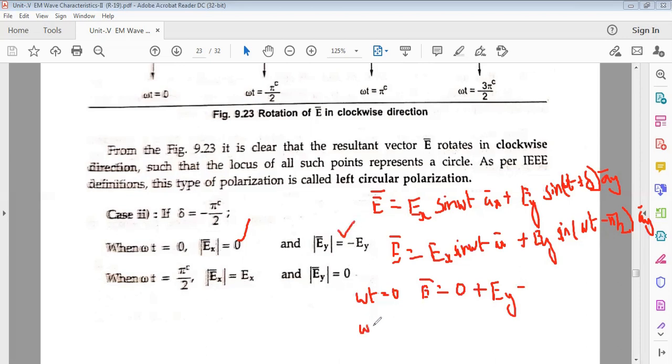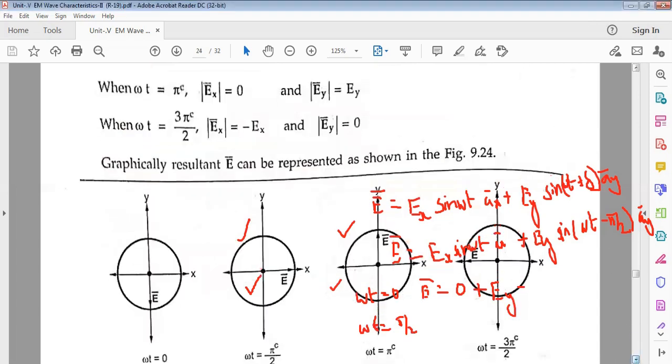And if omega t is equal to pi by 2, what is E bar? The first term is sine pi by 2, which is 1, so we have Ex. And pi by 2 minus pi by 2 is sine 0, which is 0. Third, omega t is equal to pi means the first term, sine pi, is 0.